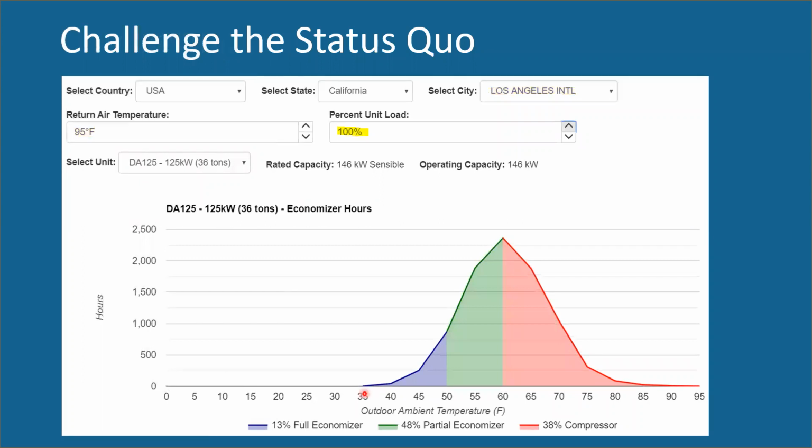So now this is percent unit load at 100%. Notice that now compressorless operation has dropped down to 13% full economizer, 48% partial economizer, and 38% of the time they have no economizer at all.